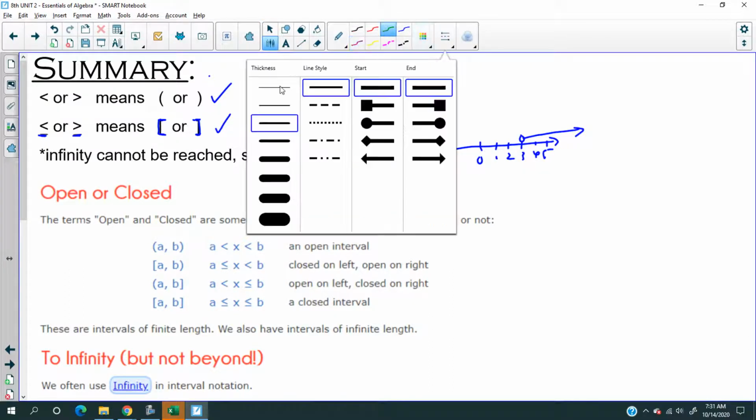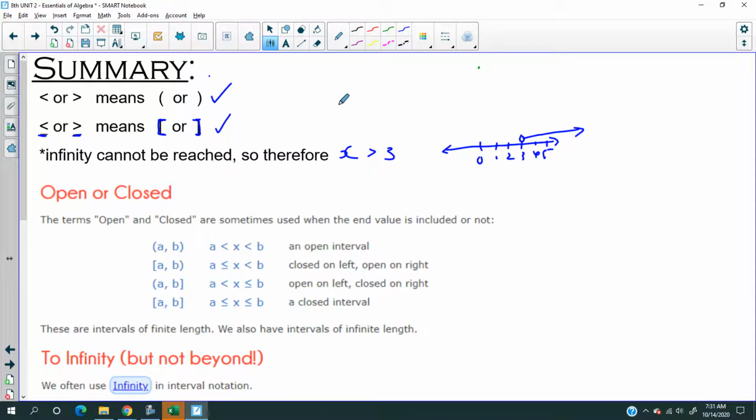The first way is inequality notation, and notation means how you write something in math. The second is a graphical view, on the number line. This is a graphical notation of an inequality. The third one, the one that we're really trying to learn today, is called interval notation.